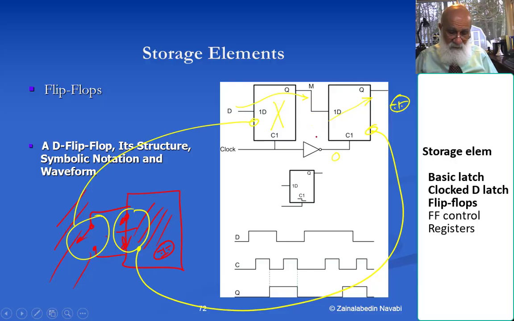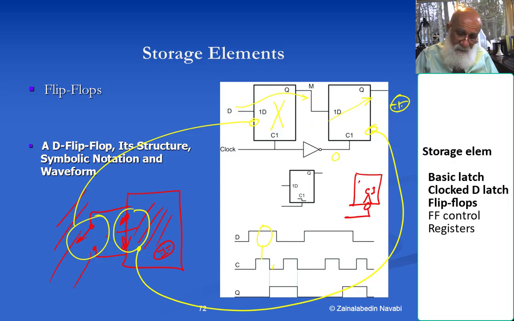So this is what happens. This is my person, the input, and when clock becomes 1, the D input goes halfway. When clock becomes 0, the D input goes the other half and appears on the output. So this is, behavior-wise, equivalent to a flip-flop with falling edge clock.